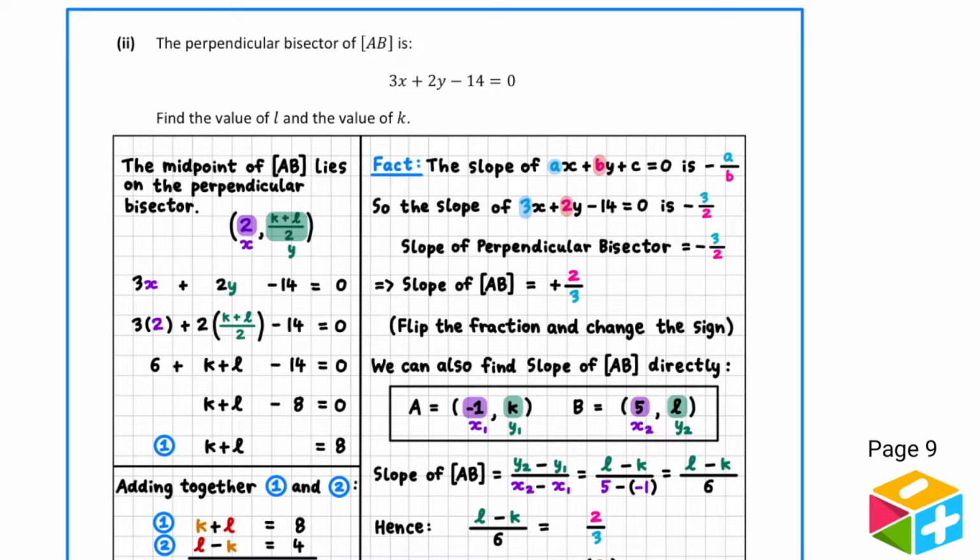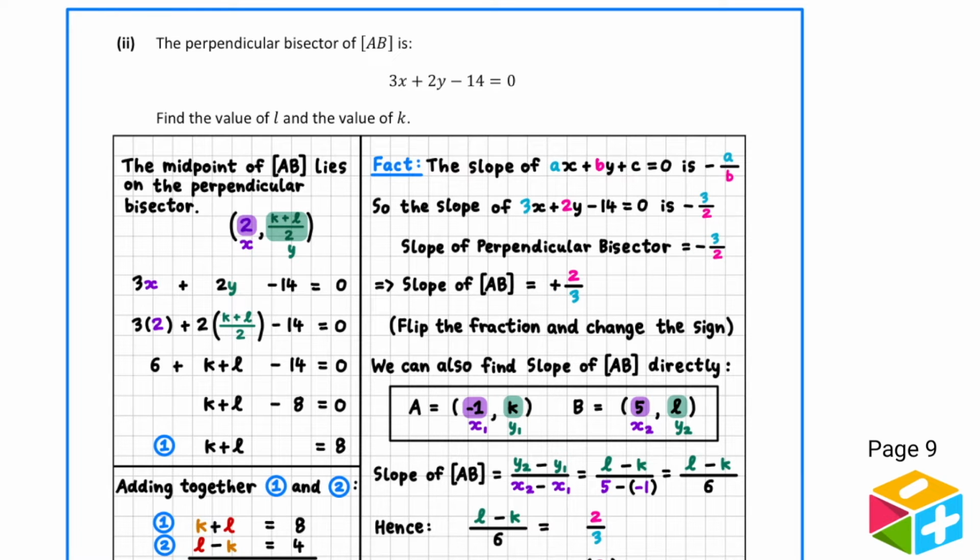It follows that the slope of the perpendicular bisector is minus 3 over 2. By definition, the perpendicular bisector of AB is perpendicular to AB. It follows that the slope of AB is plus 2 over 3. This comes from the fact that a perpendicular slope can be obtained if we flip the fraction and change the sign. Here, the sign changes from minus to plus, and the fraction flips from 3 over 2 to 2 over 3.